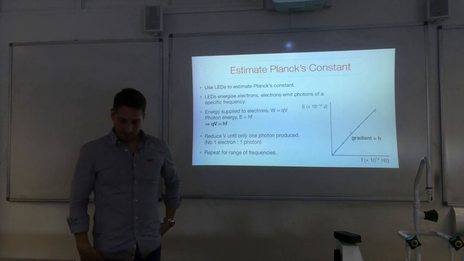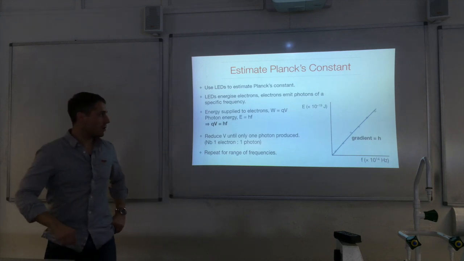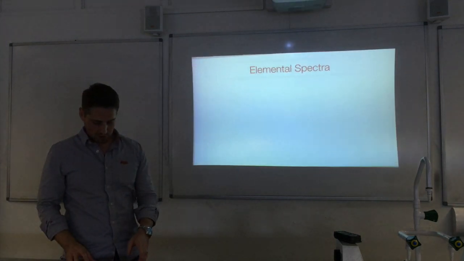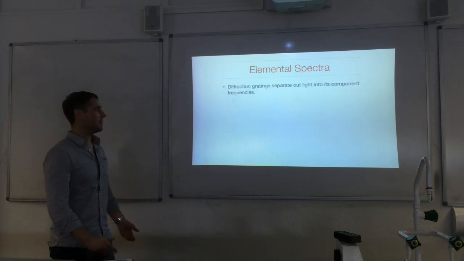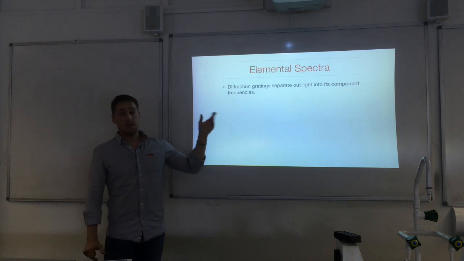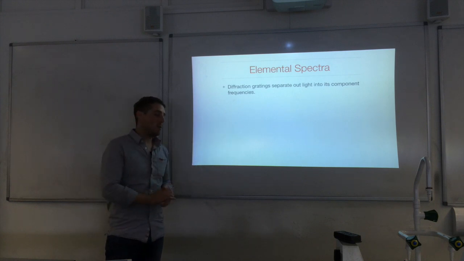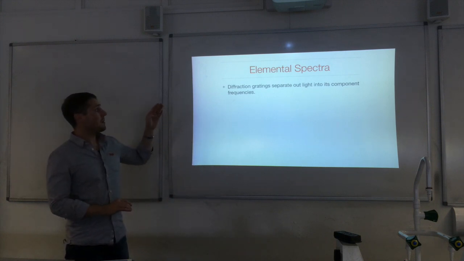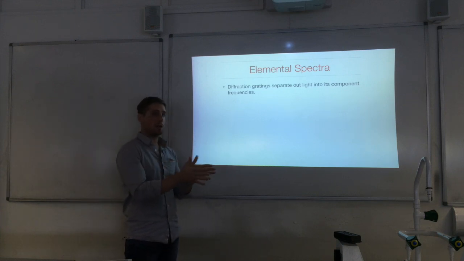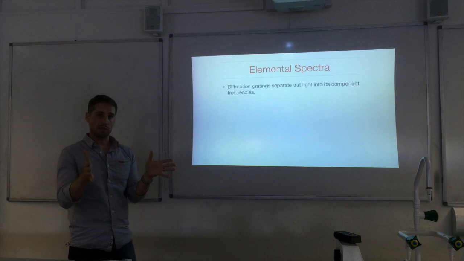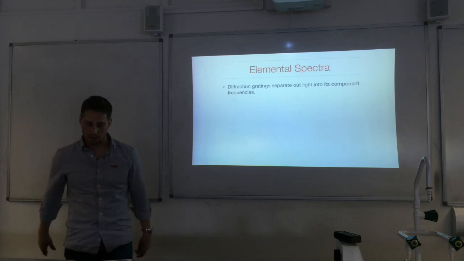Right, so spectra. We're going to look at elemental spectra, the spectra from excited elements. Diffraction gratings. We looked at that in the waves lesson, and what they do is they enable us to separate out incoming light into all of the frequencies that constitute that incoming light.